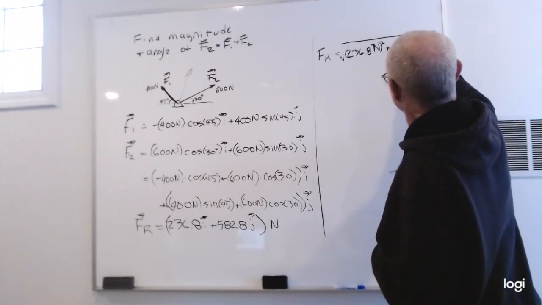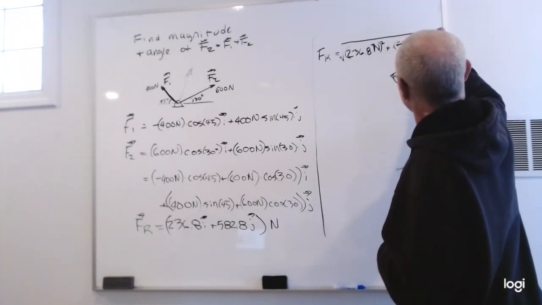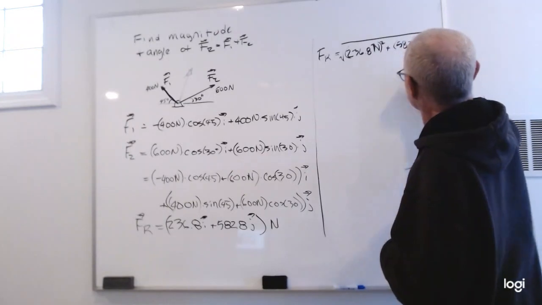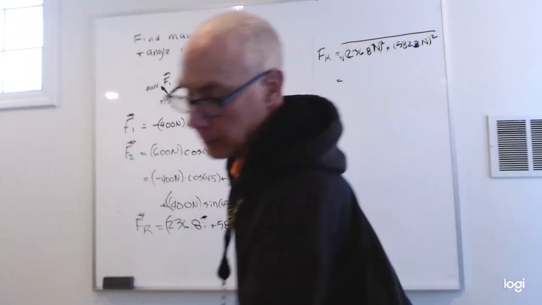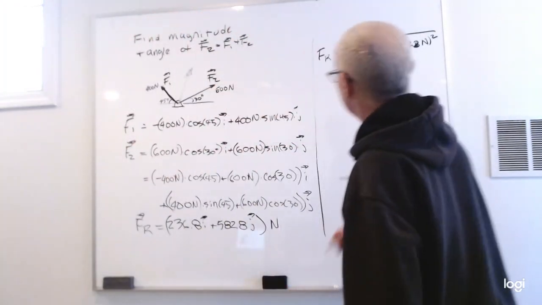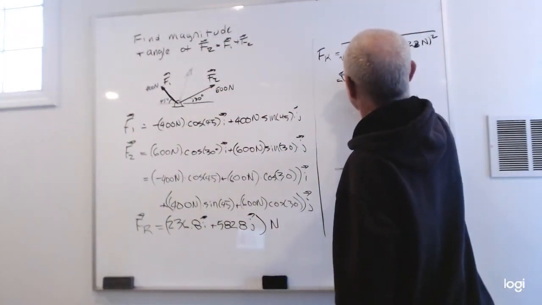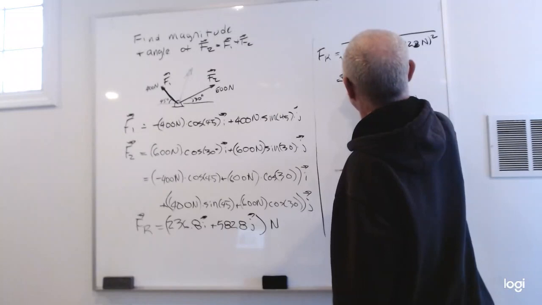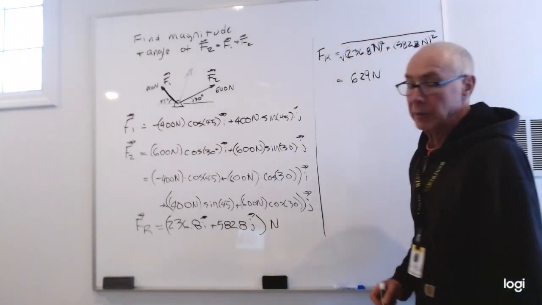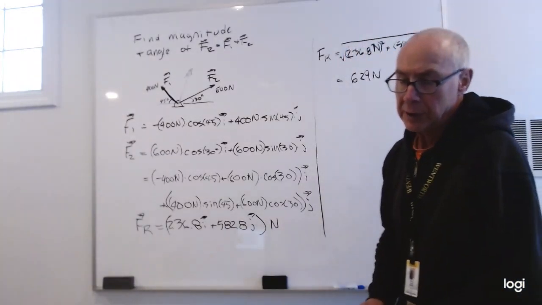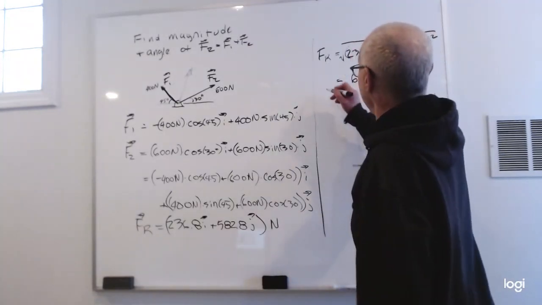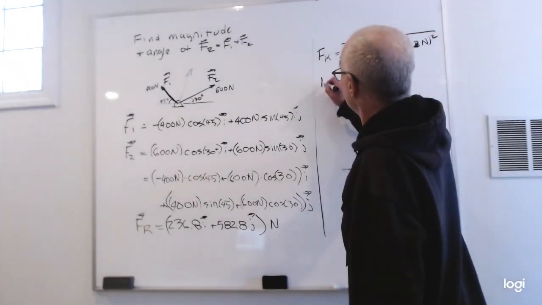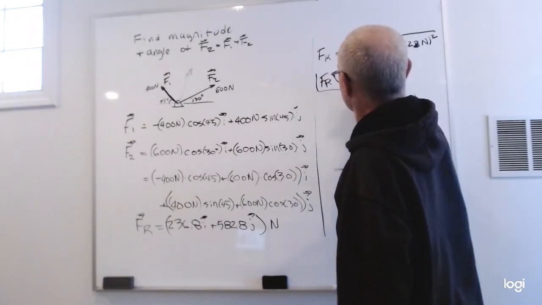All right, if we find that quantity, it turns out that it is 629 newtons. Okay, so that seems like a reasonable result. So that's the magnitude, and we'll put a box around this.